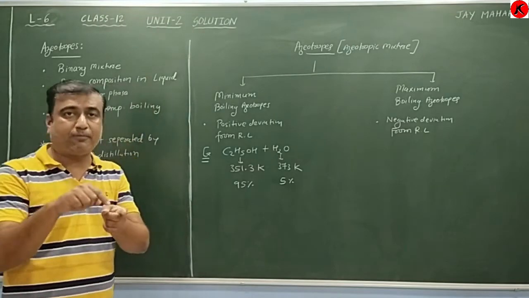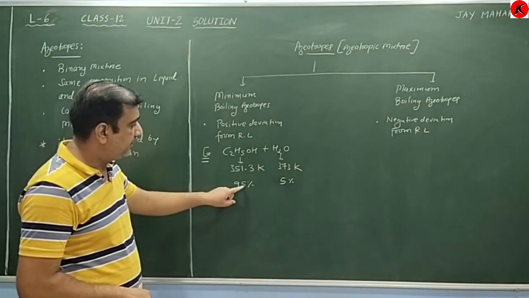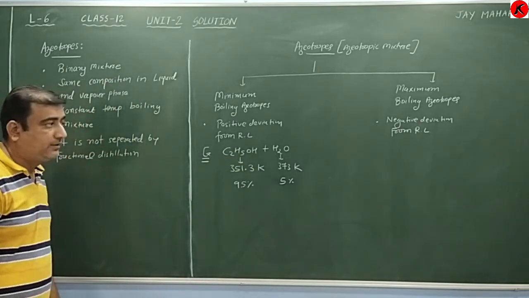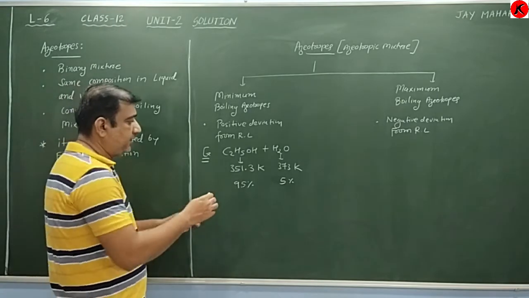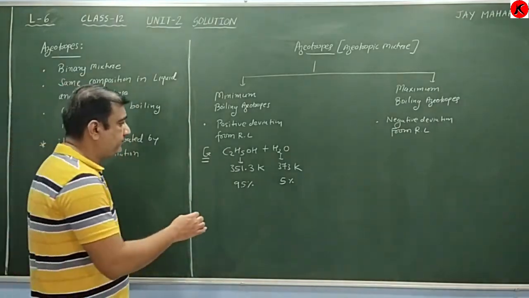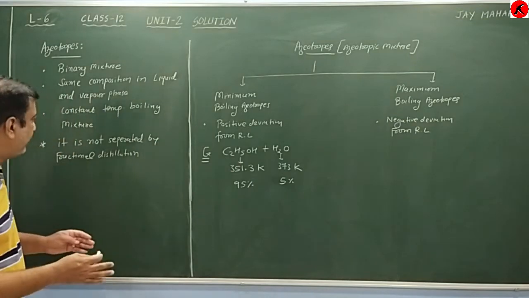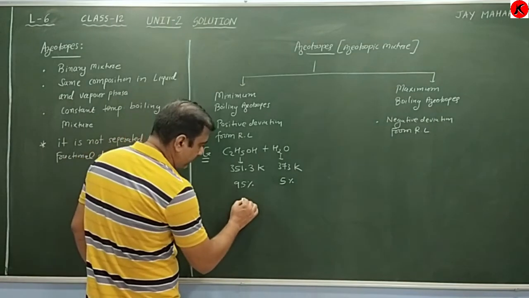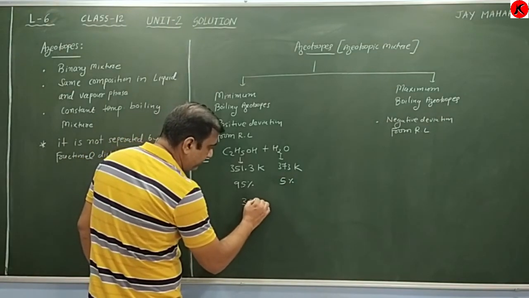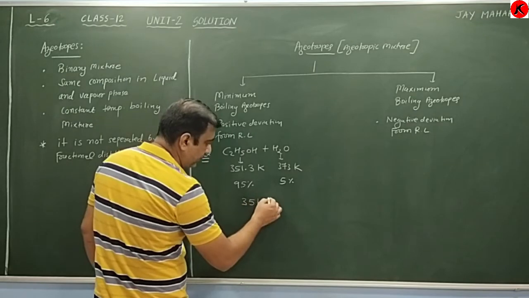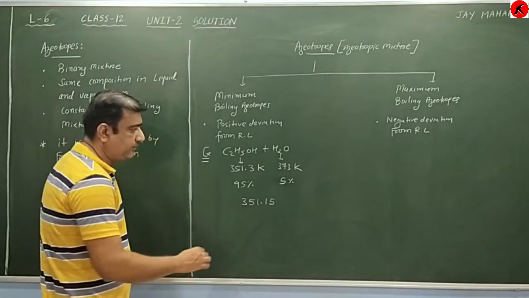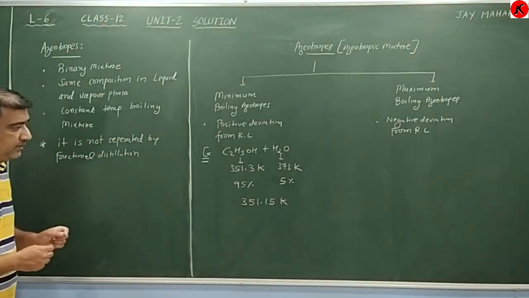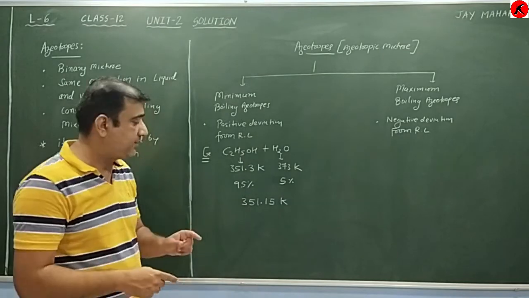That means in the azeotropic mixture, 95% ethanol is there and 5% water is there. Now when this composition is achieved, it becomes a constant temperature boiling mixture, and the boiling point becomes 351.15 Kelvin.